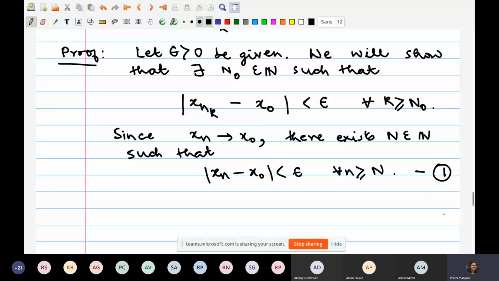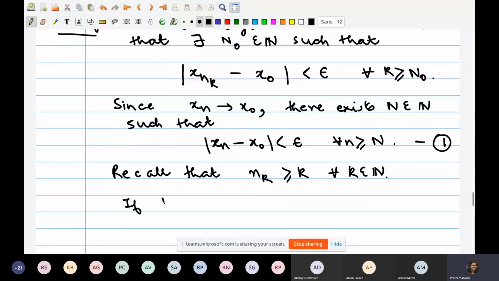So here's one trick. It almost follows from the definition. So I'll just recall that nk is bigger than or equal to k for every index k, right? So we're given this subsequence xnk, and I'm saying that nk is at least k for all k. Yeah. So what will I do? So I say that if little k is bigger than capital N, what is capital N?